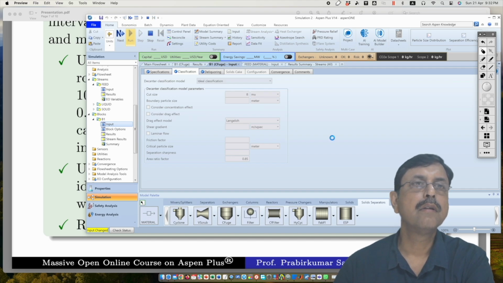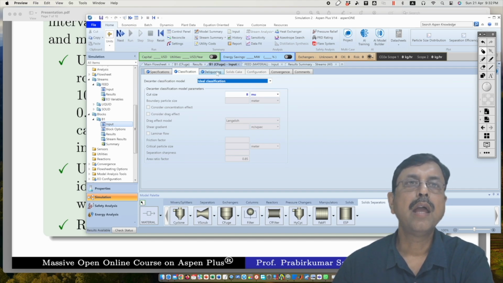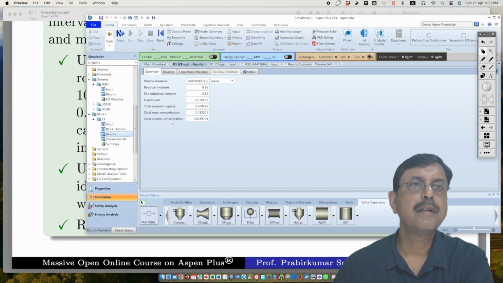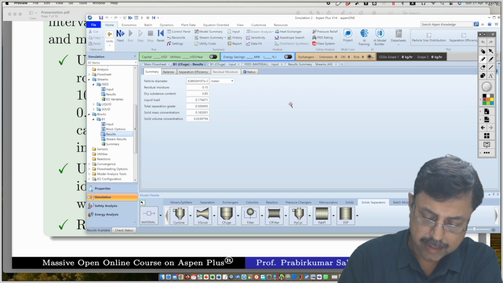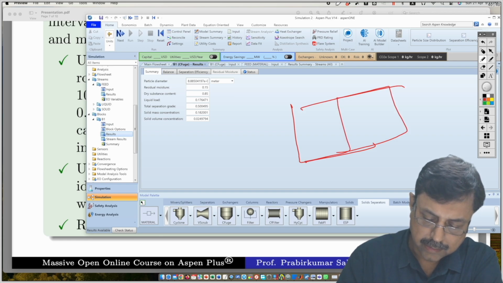Run it, and we can see the centrifuge results. Here the total separation grade is 50%, because we have seen this is the separation grade efficiency. We have chosen this point to be 8 micron. So Tx, we have set the cut size over here.